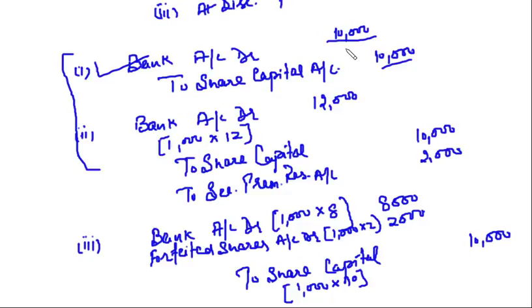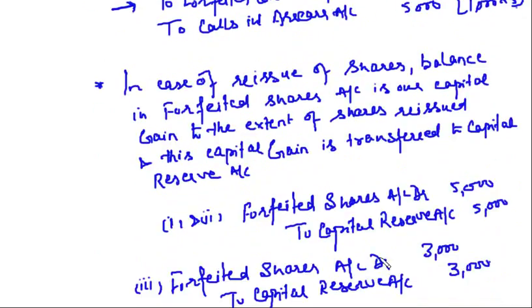Right? So in all you have 15,000 rupees. And remember one thing, whatever the amount is lying in your pocket 2, that is your capital gain, and that will be transferred to capital reserve account.